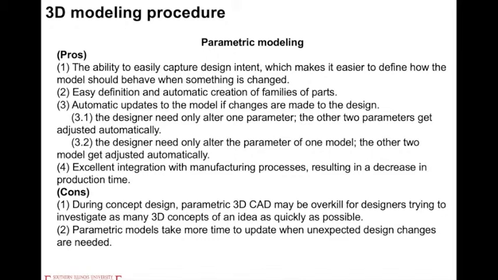For example, they have some constraints. And third, the designer need only alter the parameter of one model, and the other remaining models get adjusted automatically as long as they belong to the same object or family type. The fourth merit is its excellent integration with the manufacturing process, resulting in a decrease in production time.